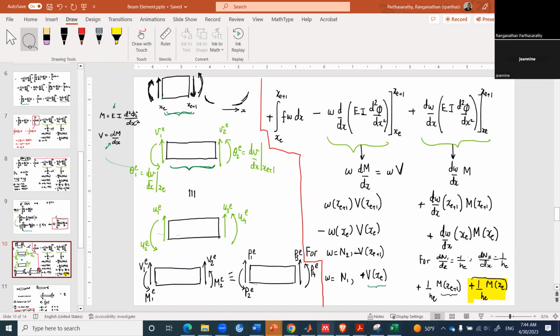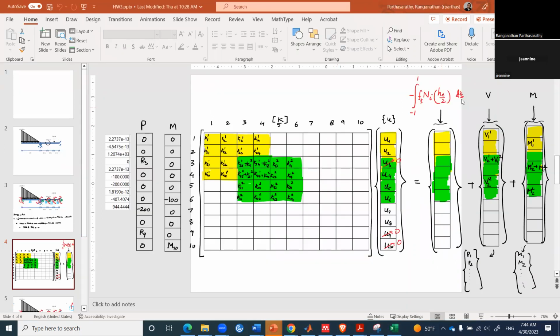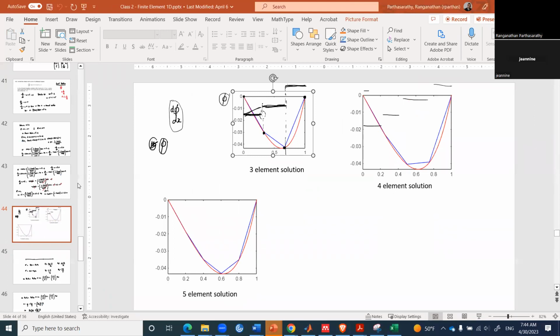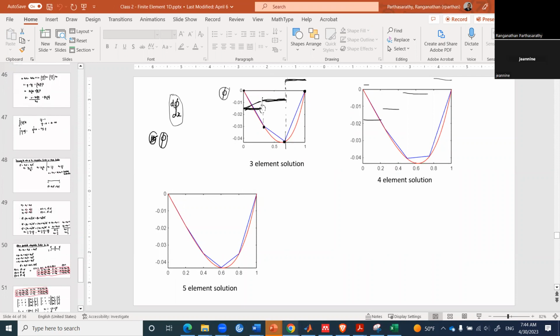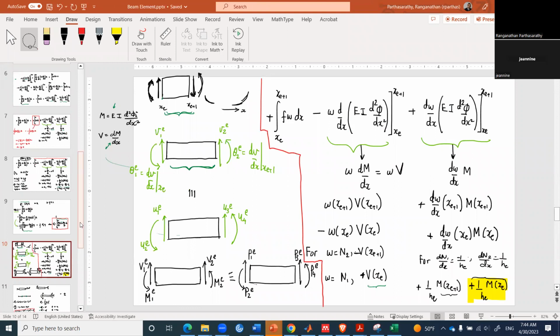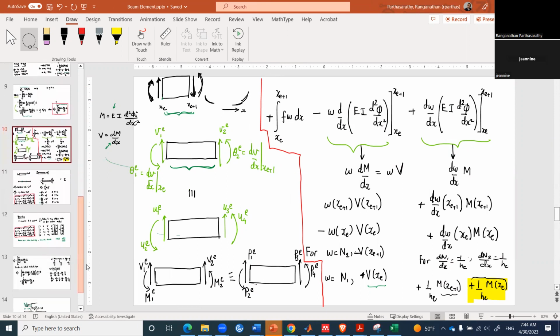So we said in the right hand side there are 3 terms that you need to evaluate. The first is the distributed load. That effect comes from this term, right? Then the integral of f w dx.